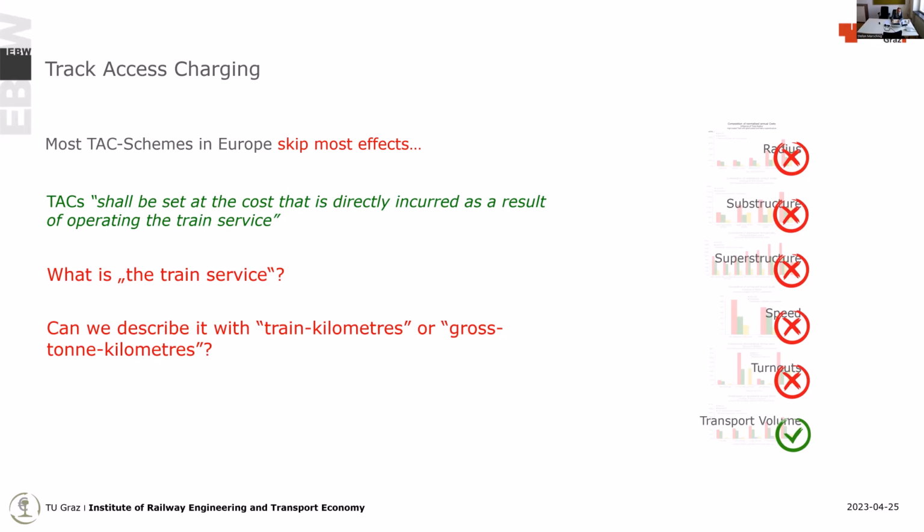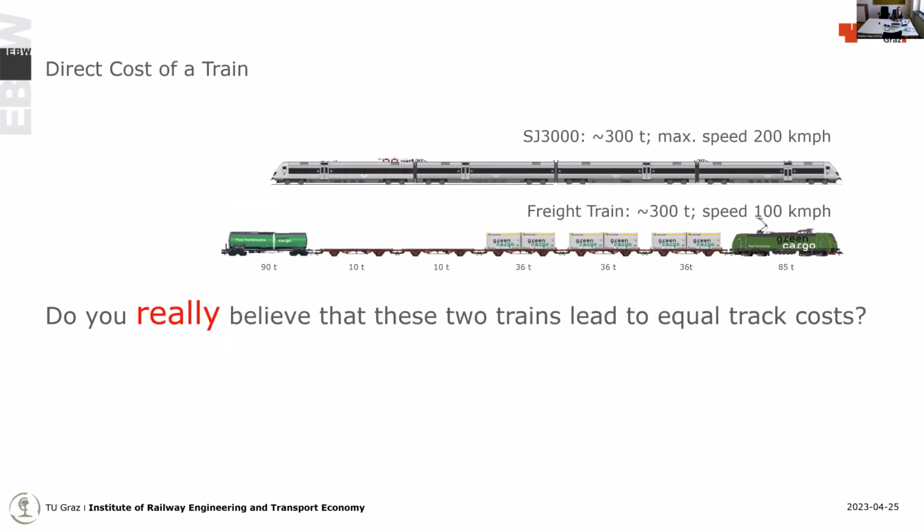I have an example for you. Look at those 2 trains. A high speed, or at least 200 kilometers per hour train with about 300 tons, compared to a freight train with also 300 tons operated at the speed level of 100 kilometers per hour.